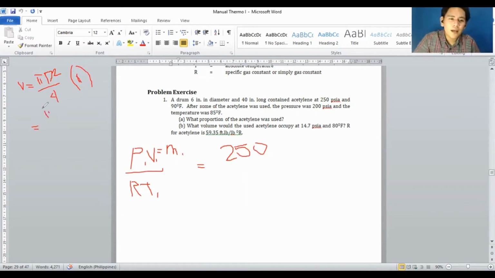So therefore, your pi times your diameter, which is 6 inches, raised to 2, over 4 times 40. Now, your answer, pi times 6 squared over 4 times 40, so therefore, you have 360 pi cubic inches. But the standard English system that we're going to use must be in feet.